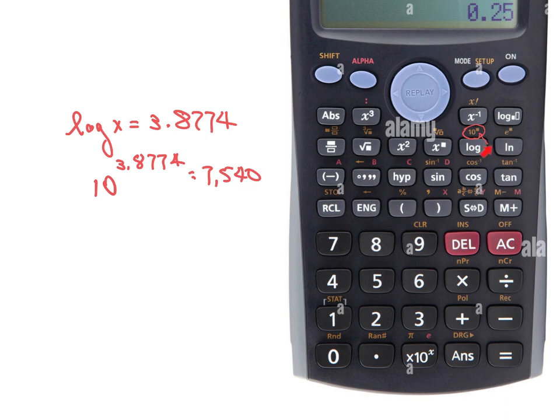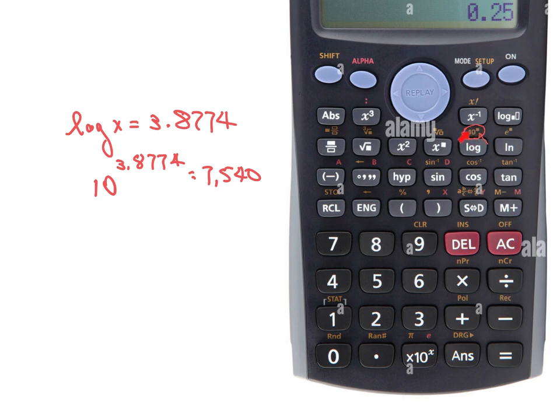So what I do with my calculator is I put in 3.8774, the only number they give me, okay? Then I push this key, which means I have to push the function key, or the shift key on my calculator. In this case, it's right here. So I put 3.8774, shift, and then I hit the log key because that shift key means that it will work.